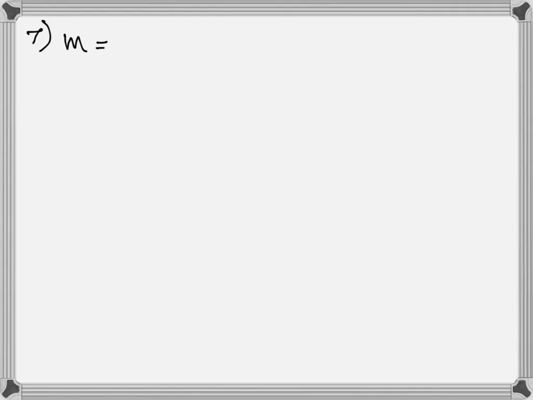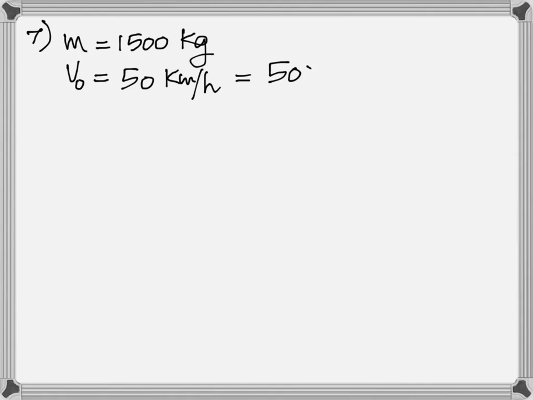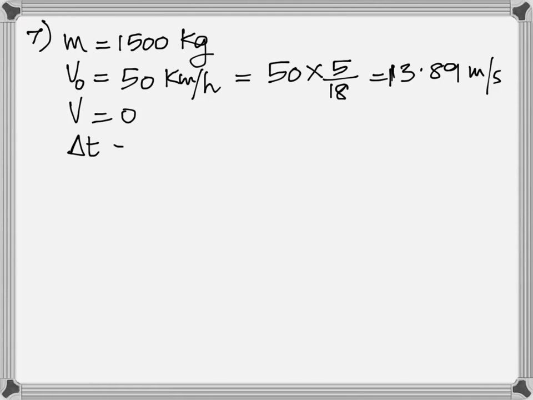In question 7, that's the mass of the car, which is 1500 kilograms, and its velocity is 50 kilometers per hour. Change it into meters per second. The final velocity is 0 because it crashes into something really massive.